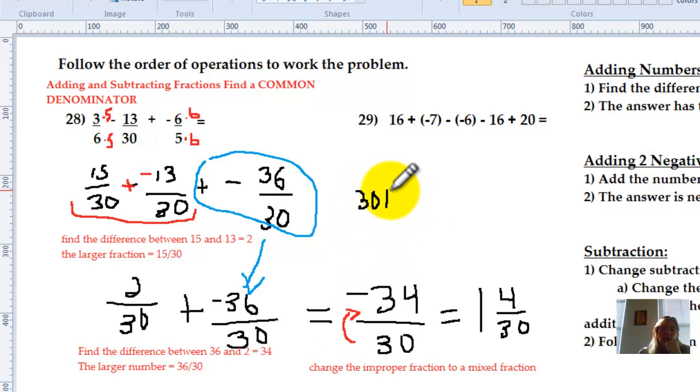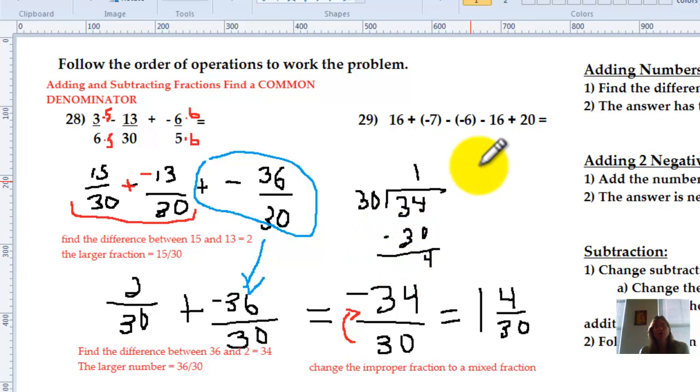You can set it up like that. 30 into 34 goes one time, and you can see when you write it out that you have a remainder of 4, and the 4 becomes the numerator, and you keep that denominator that you've had all this time, so it's 1 4/30.